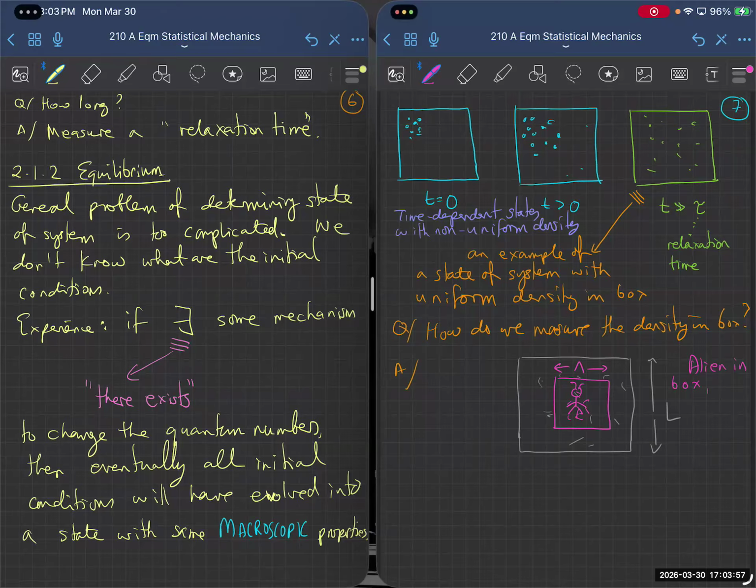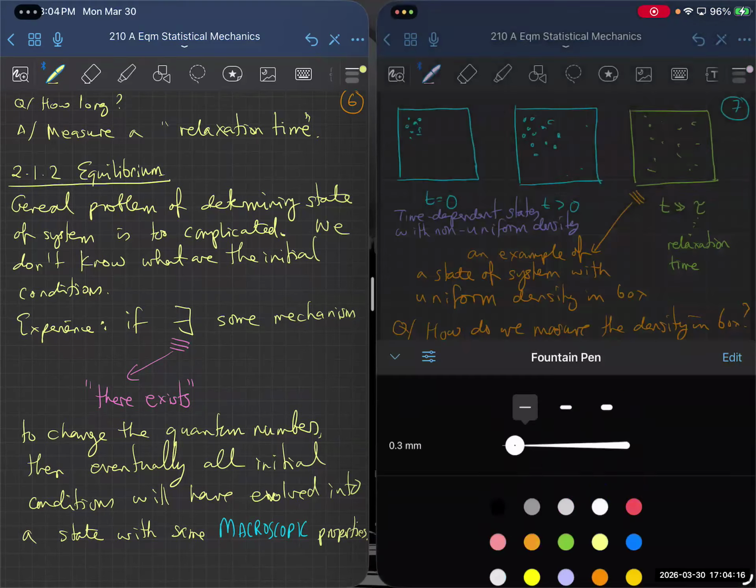So you have an alien in the box, and all you do is ask the alien. The alien in the box can count, and count how many atoms are in the box. Okay, so let's have a look at what the alien is going to measure.